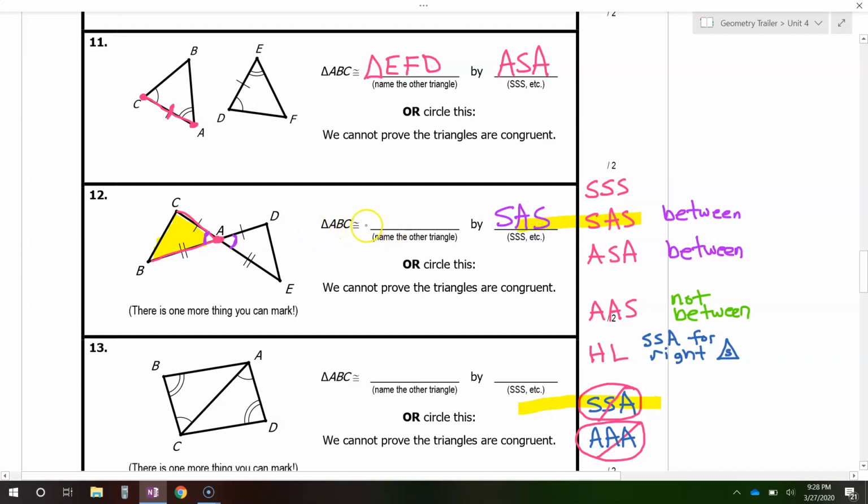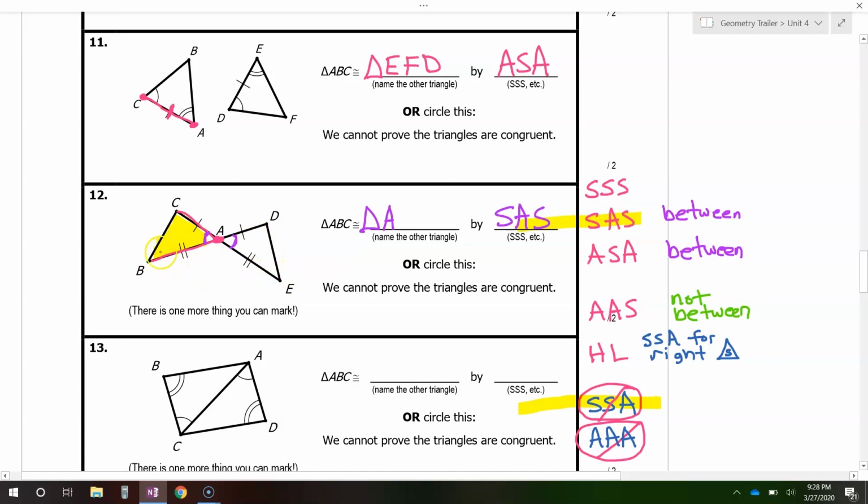Now, triangle ABC is congruent to triangle what? Both of the angles A are congruent. So A is going to be congruent with A. Then angle B, notice how angle B is across from the single mark. Okay? Notice how angle E is across from the single mark.